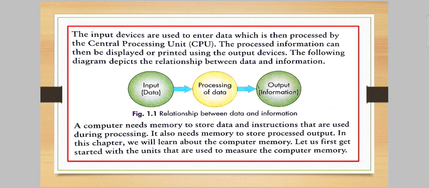Okay, so next is the IPO cycle. IPO cycle means input, processing and then output. The input devices are used to enter data which is processed by the central processing unit, CPU.